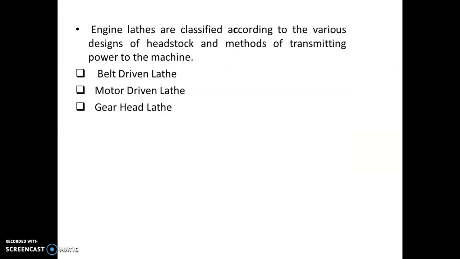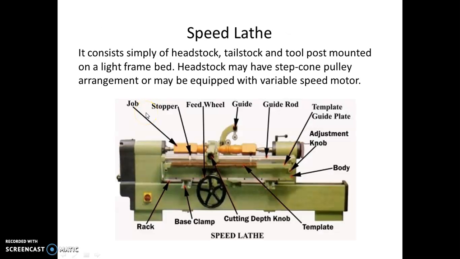If we classify it according to design and power transmission method, power can be transmitted by a belt driven lathe, a motor driven lathe, and a gearhead lathe, which means power transmission by a gear assembly. The next type of lathe is the speed lathe.